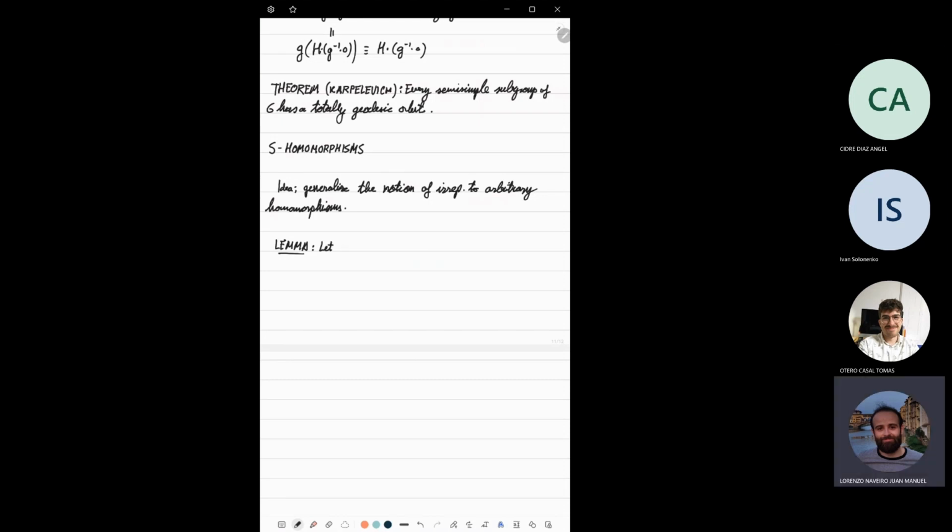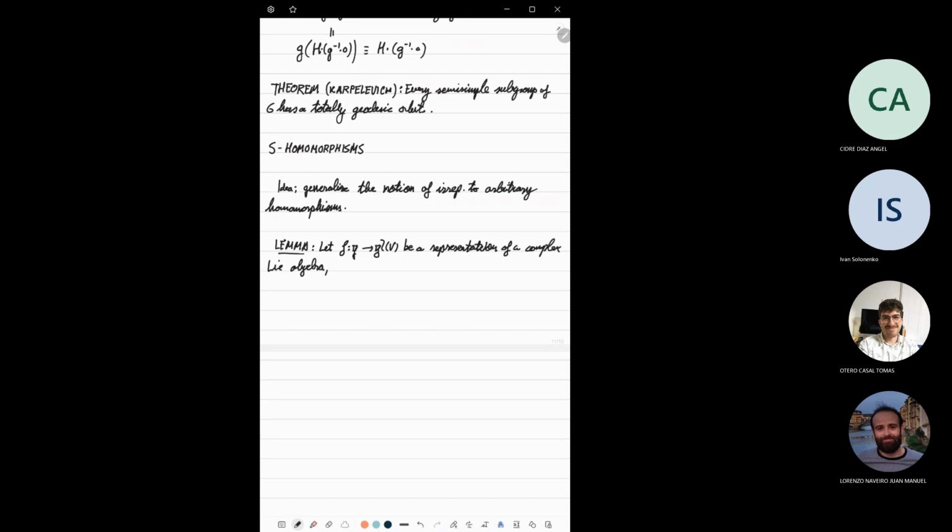So let f from G to GL(V) be a representation of a complex Lie algebra, where V is obviously a complex vector space. So then we have the following.